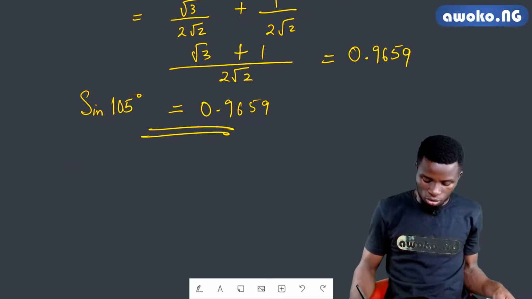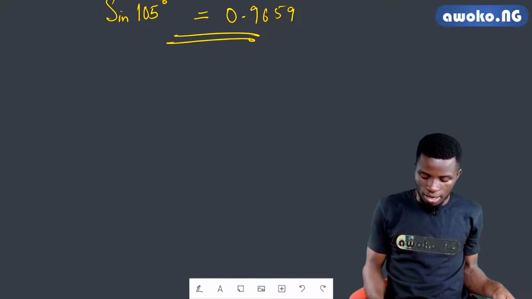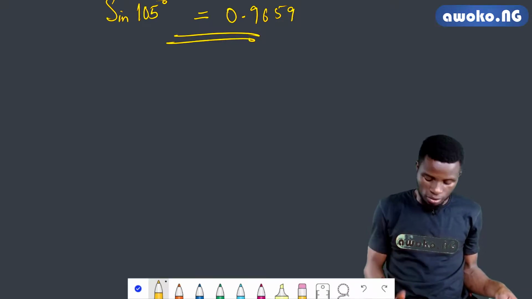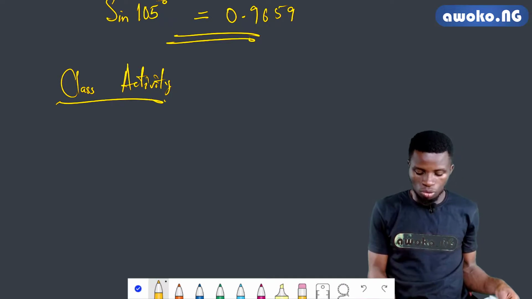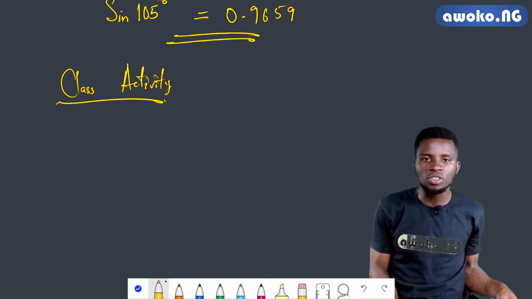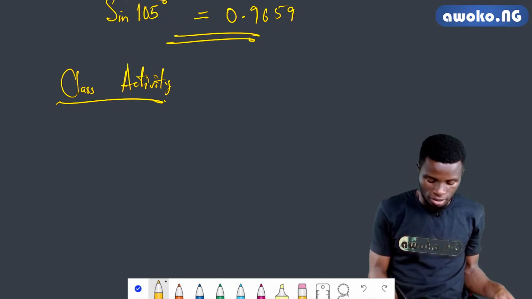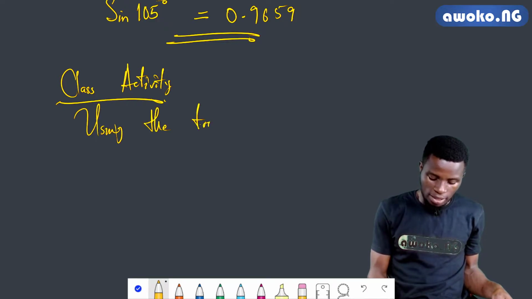I'll leave you with 2 exercises so that you can play around with. So, class activity. I like giving class activities because it will help to further buttress what we've discussed in class.